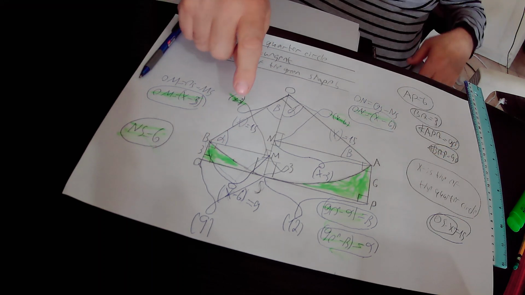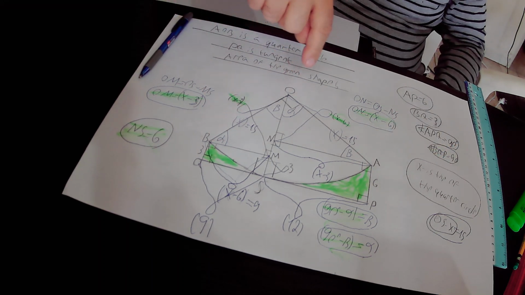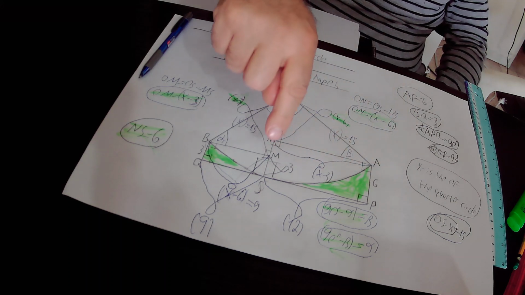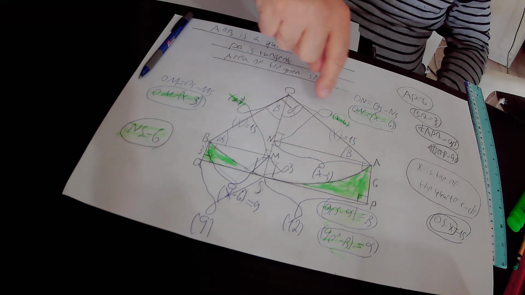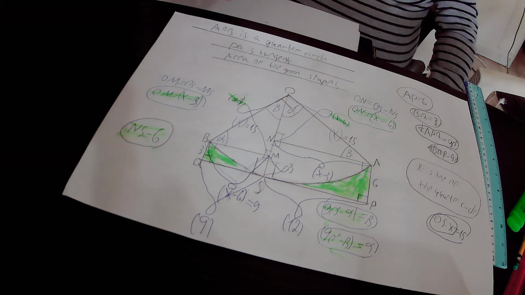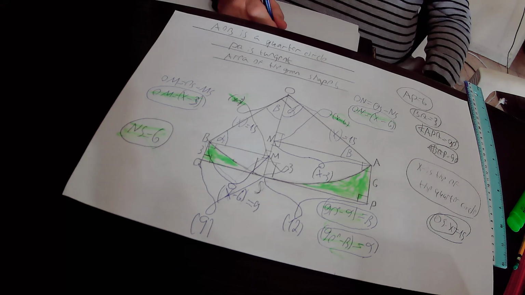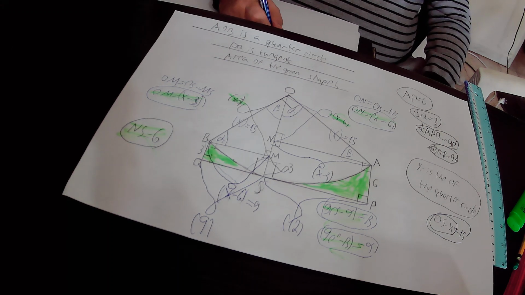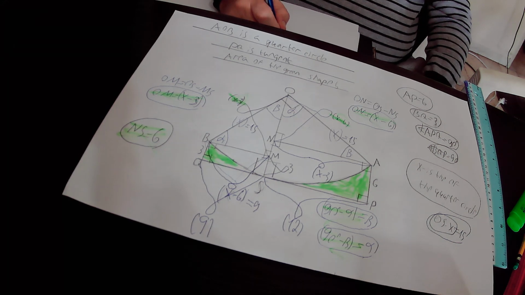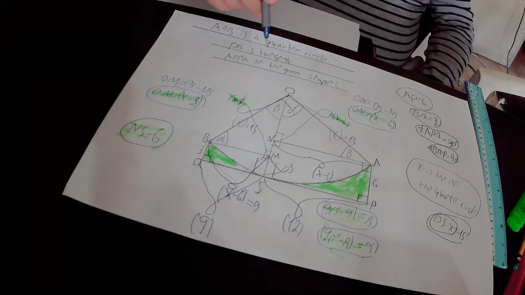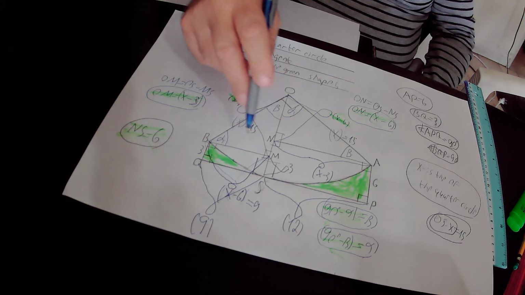So the area of the green shape equals the area of trapezoid OAPS plus the area of this trapezoid OBQS.